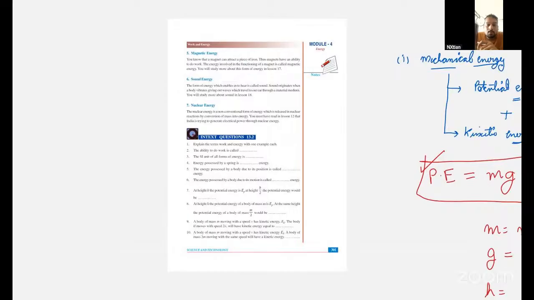Why so? Because the air near the packet condenses from water vapor into water. So this is all related to thermal energy. Got it?